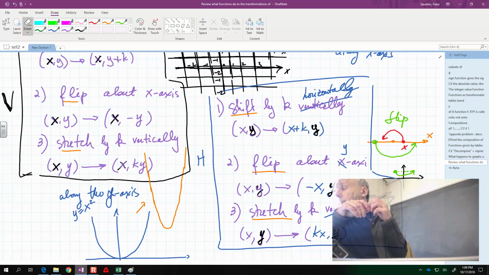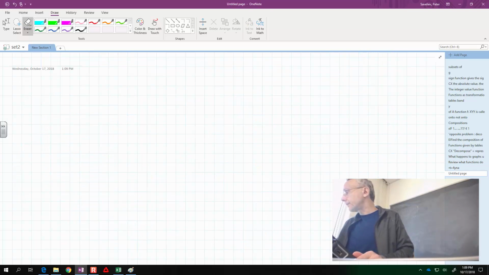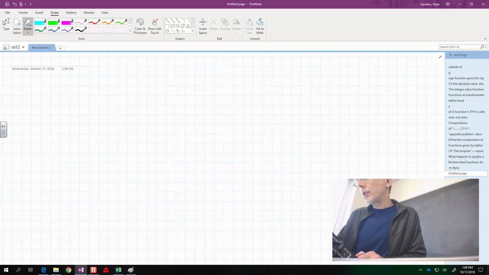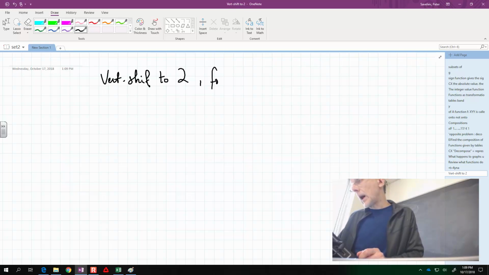So, for example, the easiest one is 2 shifts. Let's try to imagine what that looks like. A vertical shift by 2, followed by a horizontal shift.